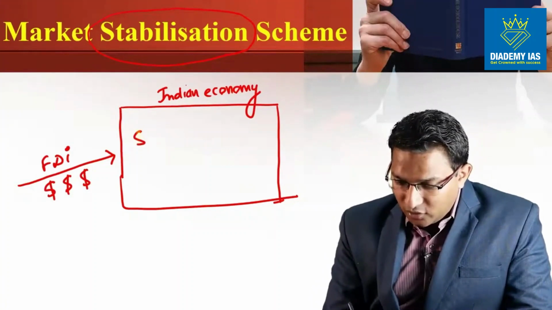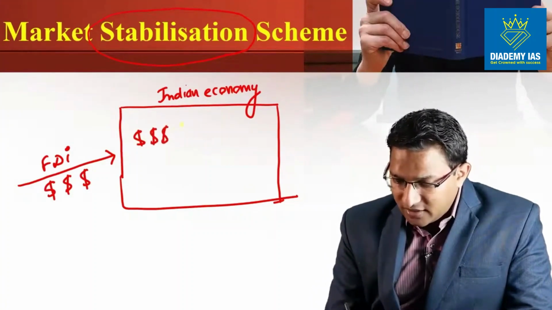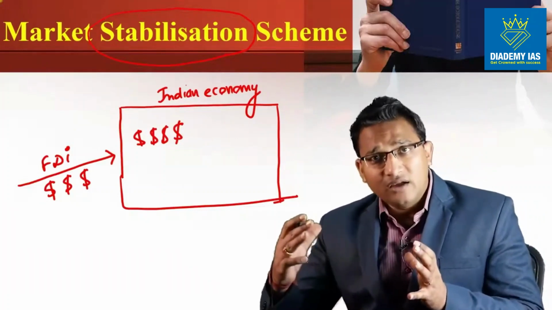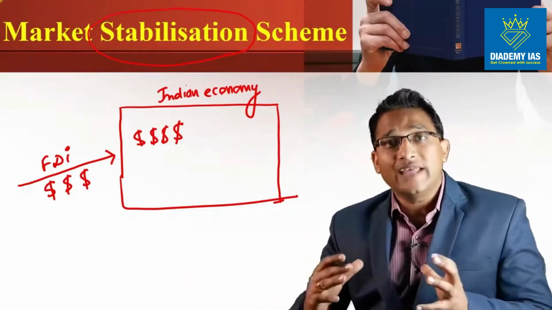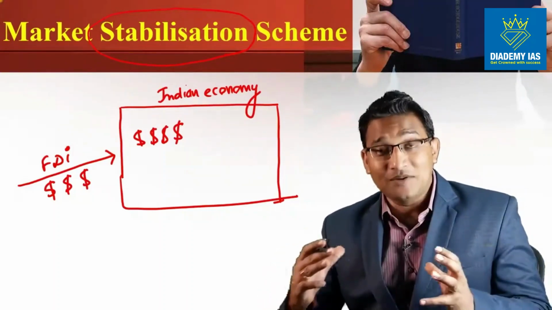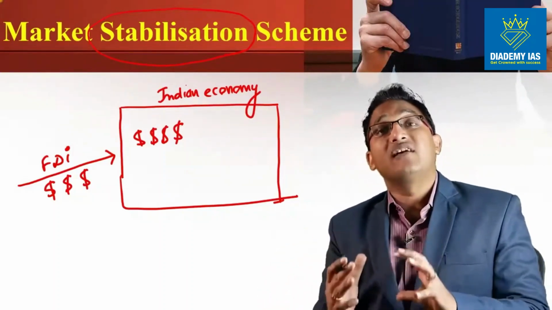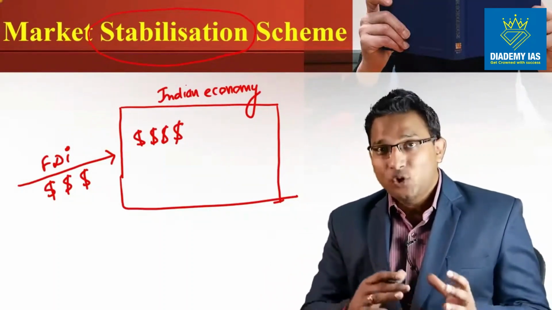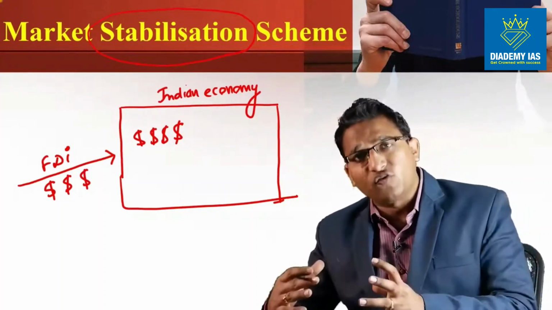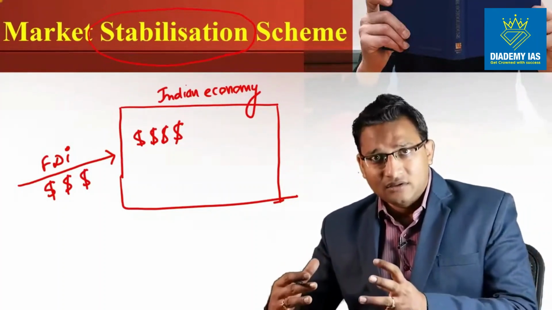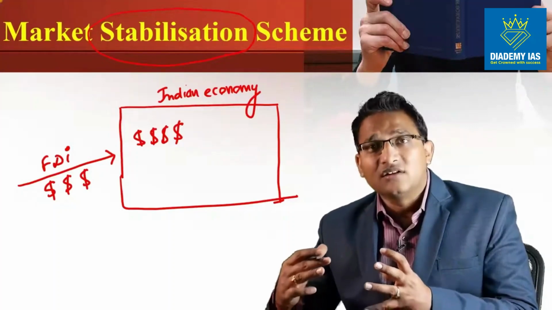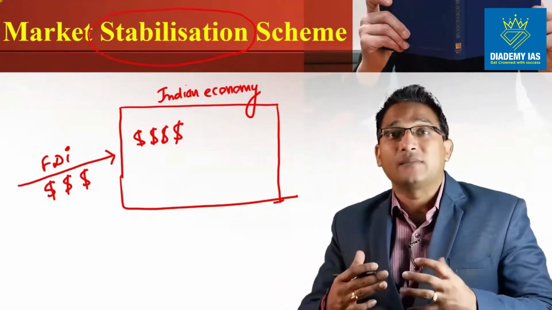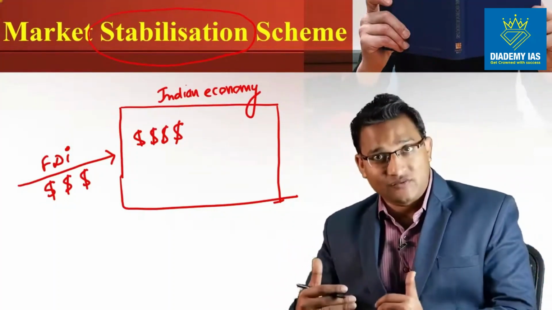When a lot of dollars are coming, the exchange rate between the Indian rupee and the US dollar becomes unstable, which has an adverse impact on the value of exports. When there is too much foreign currency in the Indian market, the value of the rupee starts appreciating, and that has an adverse impact upon exports. Our exports become expensive.